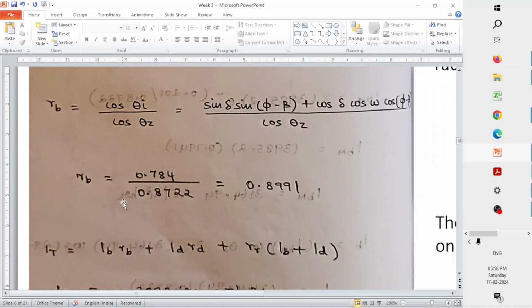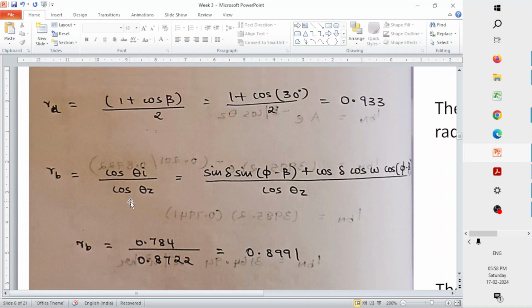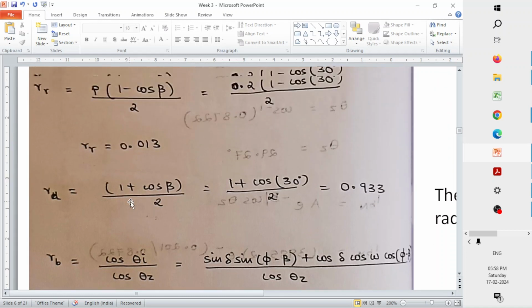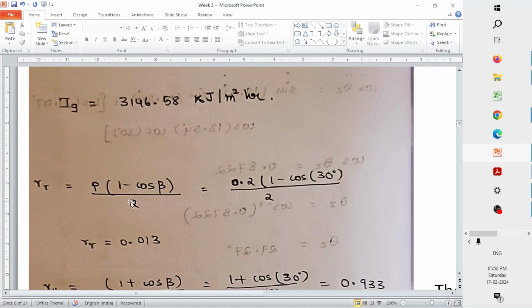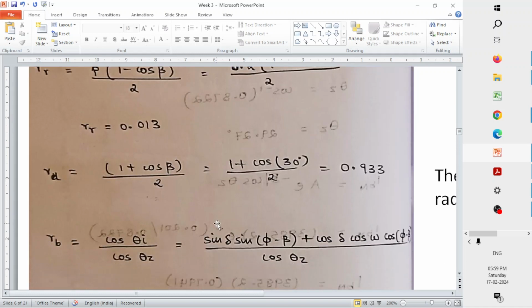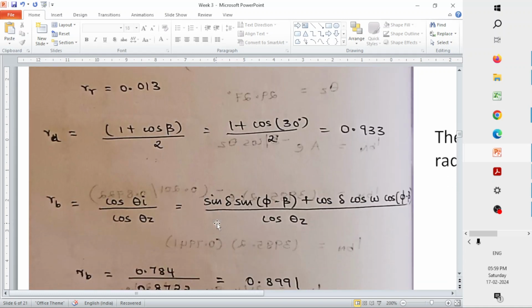The unit of Ig, Ib, Id, everything is in kilojoule per meter square hour. What is equivalent to kilojoule per hour? 1 watt is equal to 1 joule per second, so you can change it that way also.